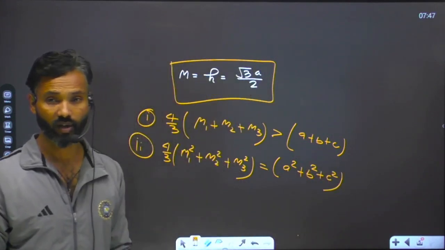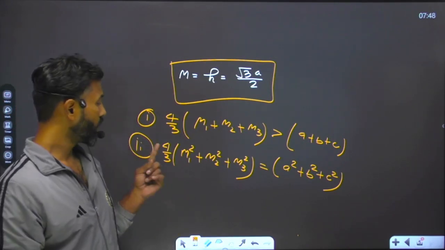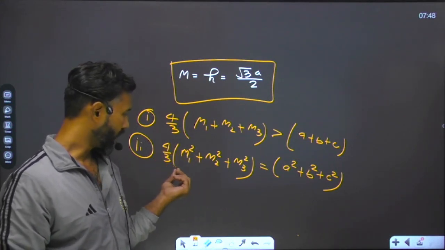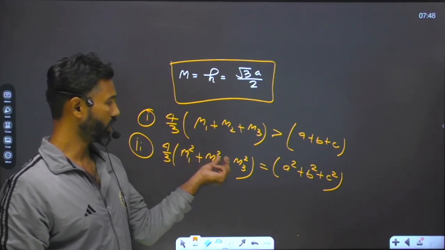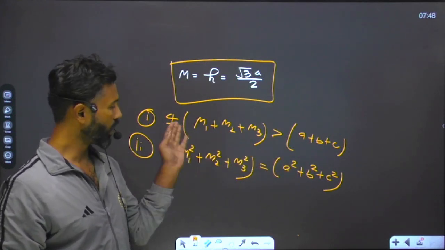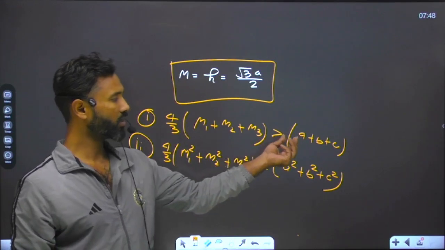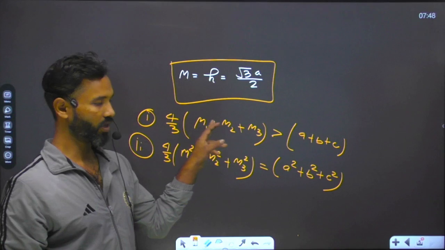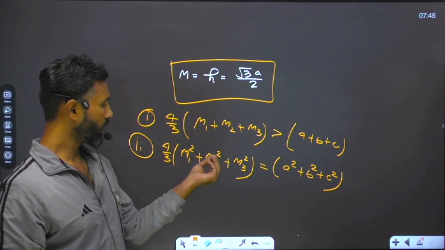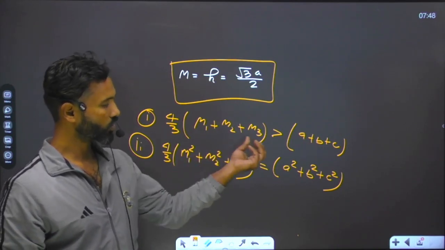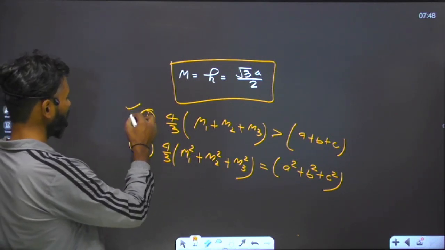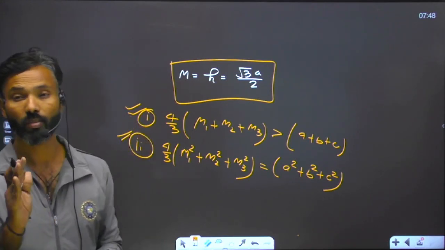I mean to say, if you write the equation with 4 by 3 times the sum of the squares of the medians, it will be equal to the sum of the squares of the sides. Means if you write the relation between medians and sides without squares, it will be greater. If you take the sum of squares of medians, then it will be equal to the sum of squares of sides. Both these relations are correct and have been asked in the CDS examination many times.